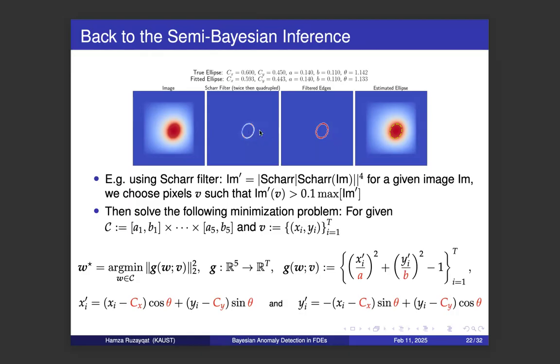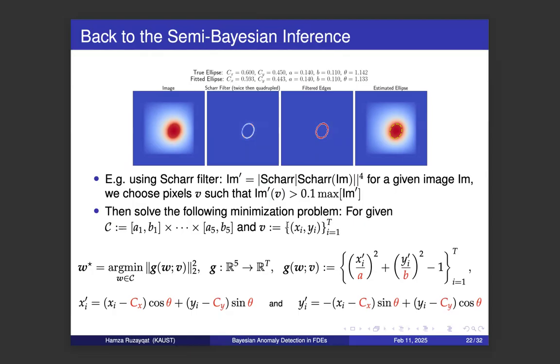Then you raise it element-wise to the power 4. And then you look at where the high values are. So you take this image prime, and ask where it is bigger than 0.1 times the maximum of image prime. And this will result in this red region.